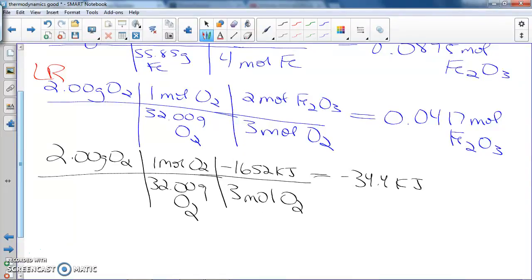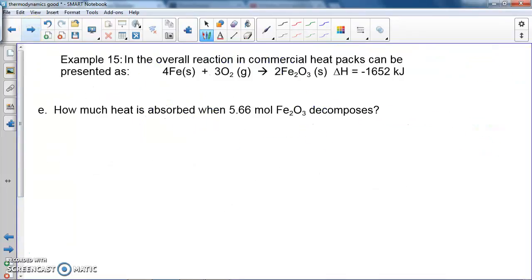All right, on to E. Again, I only have 1 start this time, like I did in A, B, and C, so I don't have to worry about the limiting reactant here. I just need to look and see what direction it is talking about. It's talking about iron oxide decomposing. Remember that decomposes means breaking down. Another academic term would be synthesizing.